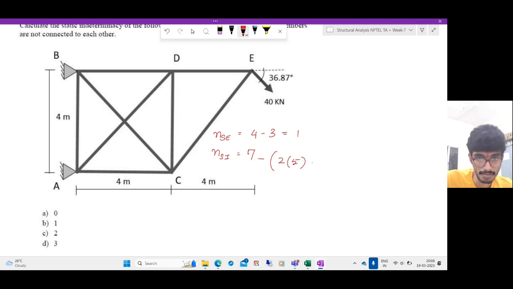There are 8 members. And exclude the 3 global equations. So you get 8 minus 7, which is 1. So the total degree of static indeterminacy for this problem is 2. There are 2 unknown redundants, one of them internal and the other external. So the correct answer is 2.